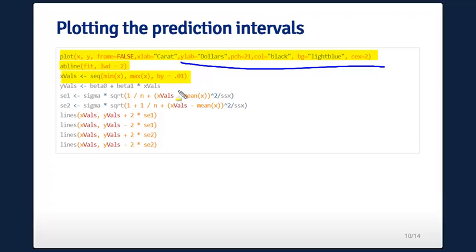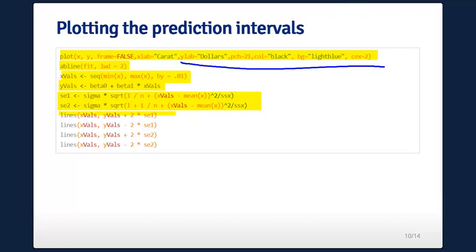Here's my x values that I want to predict at, and my y values that are my predictions, beta naught plus beta 1. Remember, I defined beta naught and beta 1 previously, so those are the coefficient values. I'm giving my two standard errors, and then I'm going to plot my lines.